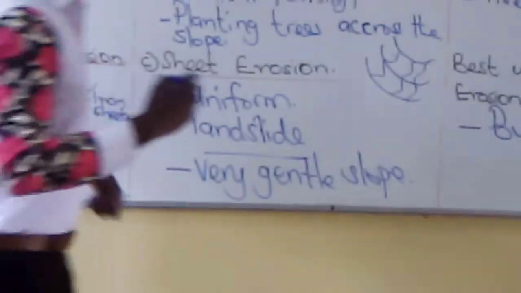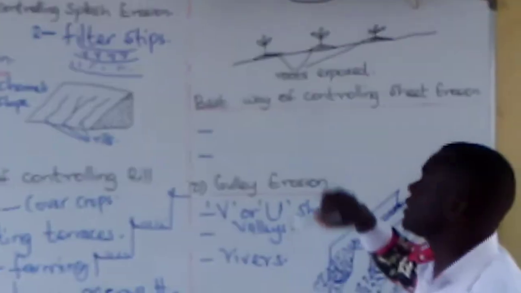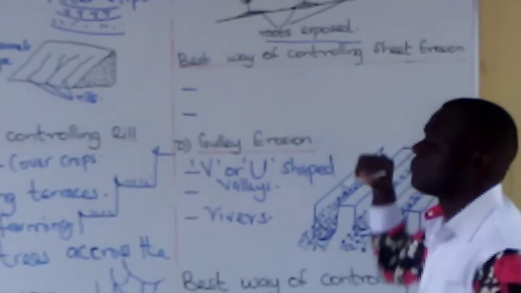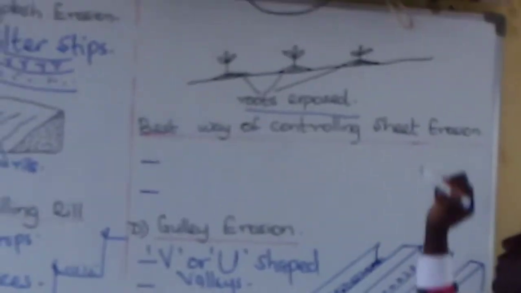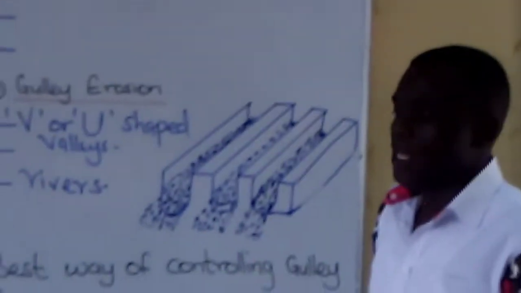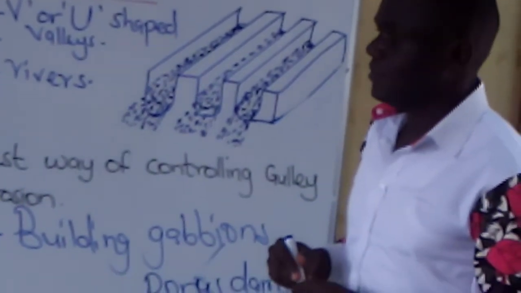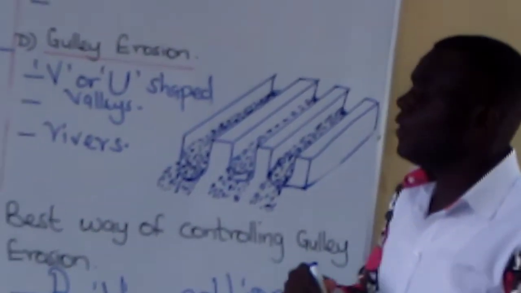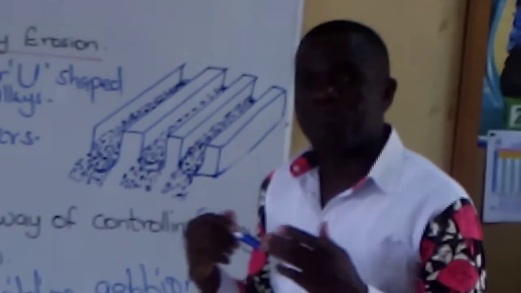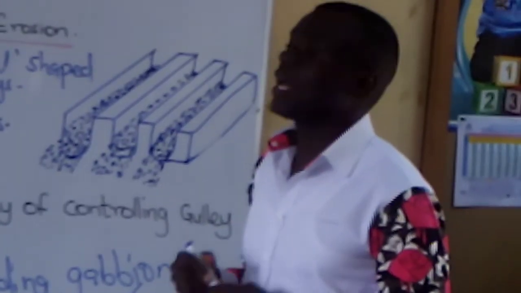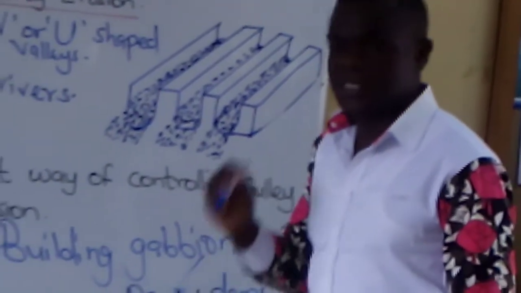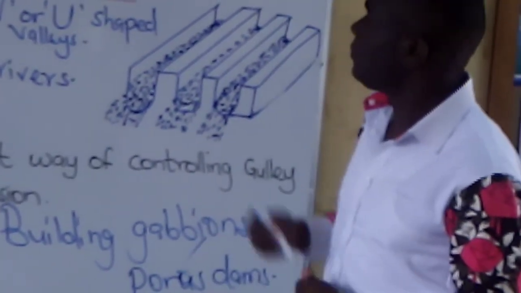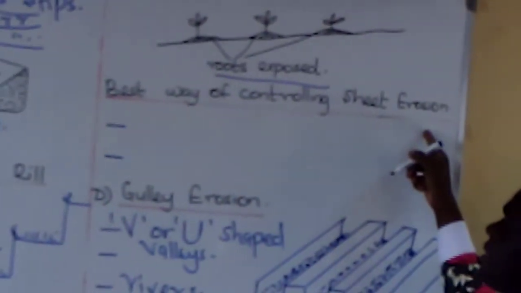We can only notice that there is erosion taking place when you see the roots of plants exposed. Then you know that there is erosion taking place in this place. It's also an effect of leaving the land bare without vegetational cover. How do you control sheet erosion?